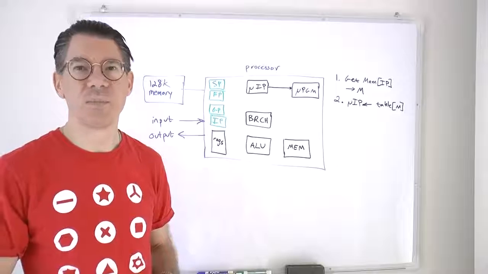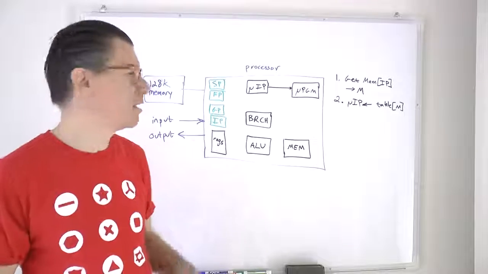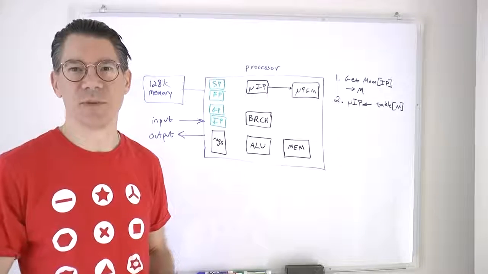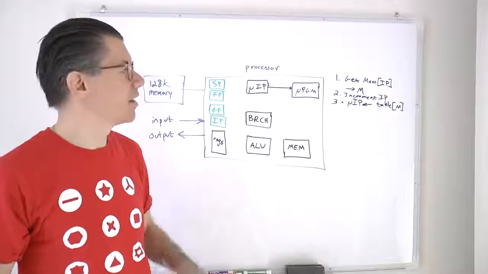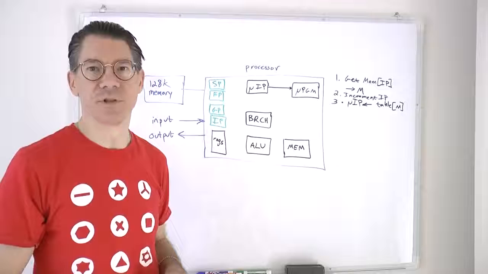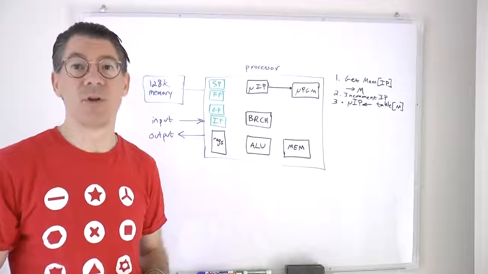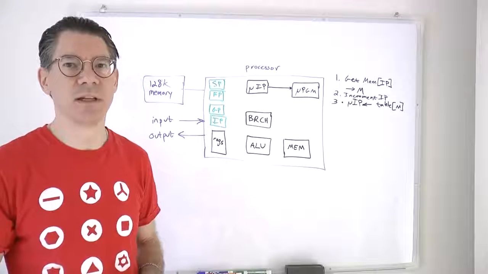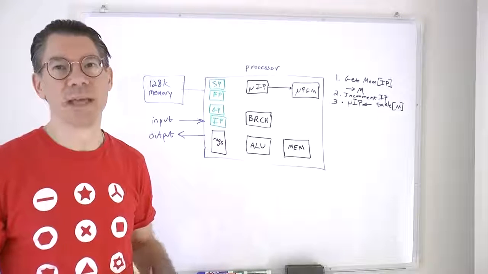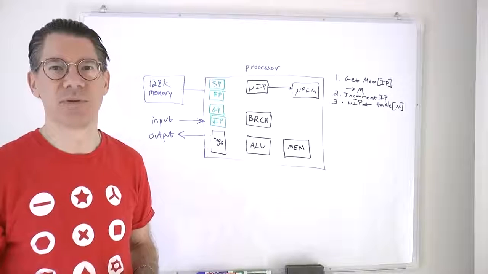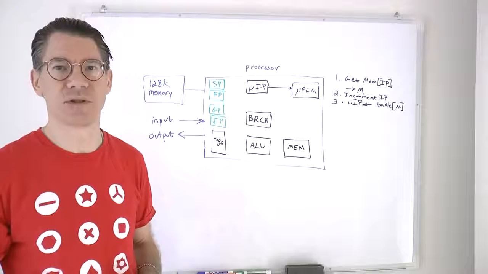Now, of course, at some point you're going to have to increment the macro instruction pointer. So let's put that into the microprogram. So what I've done is I've put that immediately after the read from memory, because almost always when we get memory at the instruction pointer, we're going to want to increase the instruction pointer.